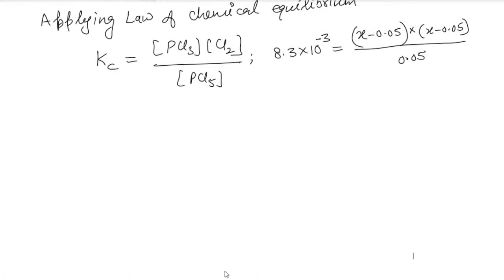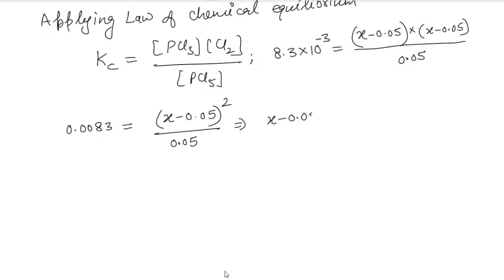So from here, 8.3 into 10 raised to power minus 3 means 0.0083, equal to (X minus 0.05) raised to power 2 divided by 0.05. That implies (X minus 0.05) raised to power 2 equals 0.0083 into 0.05.